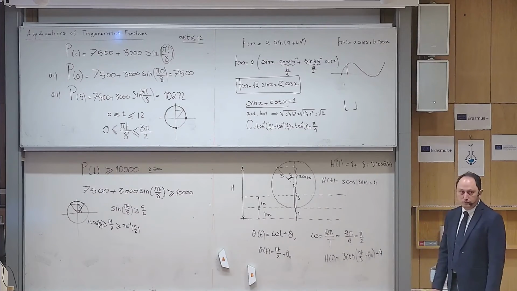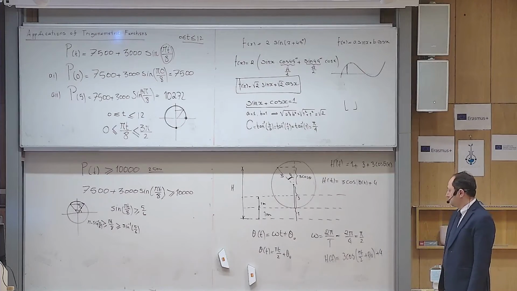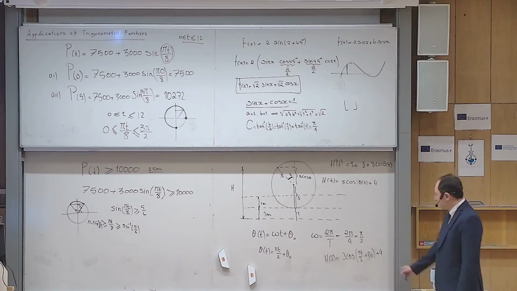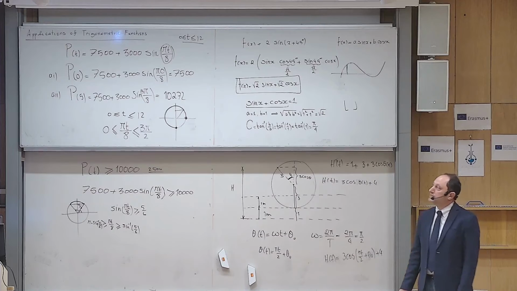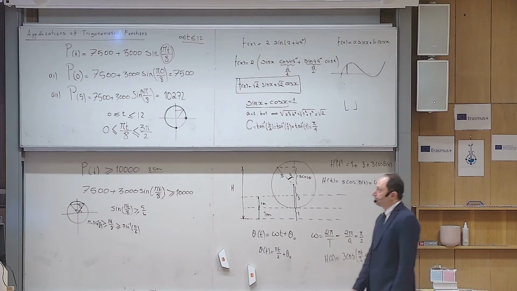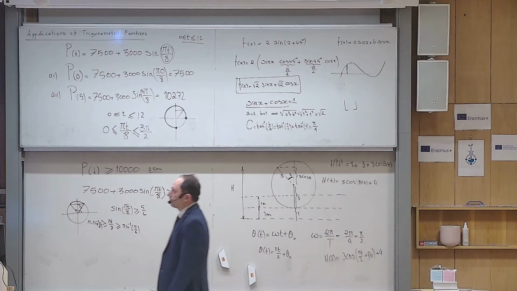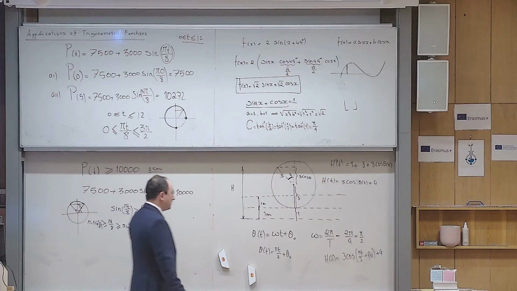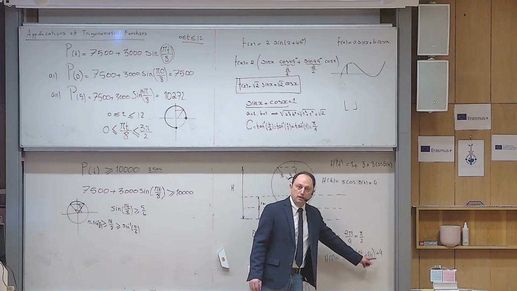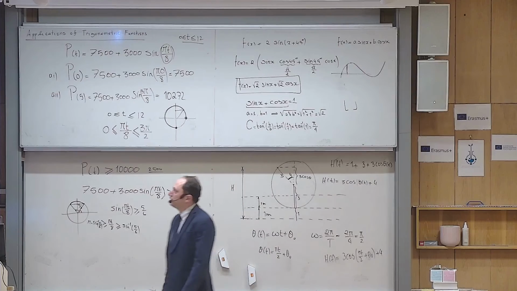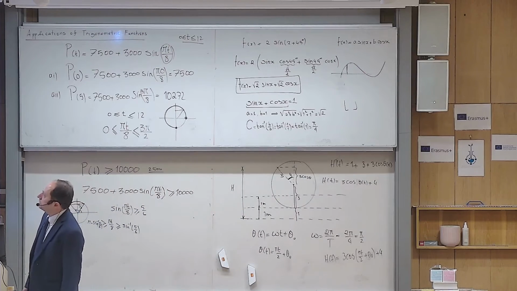This is how you can use physics to solve the problem. But now can you tell me what theta 0 is in this problem? Theta 0 is something that can be fixed by my initial conditions. So what is my initial condition here? Do you have any information?